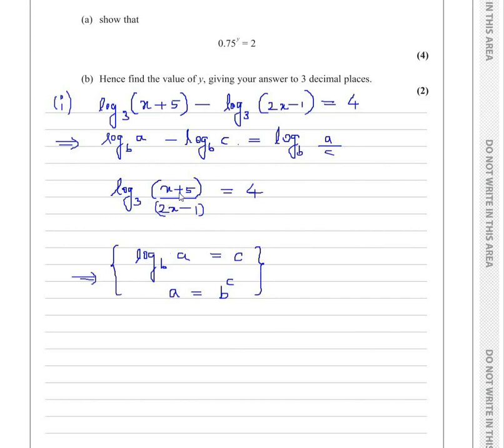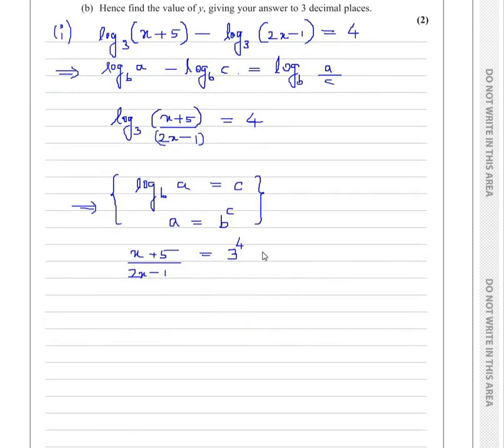So here what happens is, we are going to keep the x plus 5 over 2x minus 1 the same way. So x plus 5 over 2x minus 1. Now this 3 goes on the other side, and 4 is raised to its power.